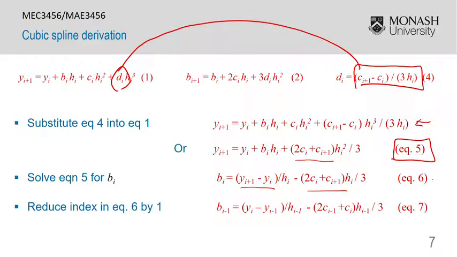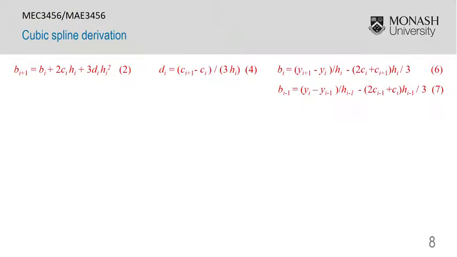Now if we just reduce the index in equation 6 by 1, in other words the y_{i+1} becomes y_i and the y_i becomes y_{i-1}, we end up with equation 7. So equation 6 and equation 7 are effectively the same equation, just with a different index. So equations 2, 4, 6 and 7.